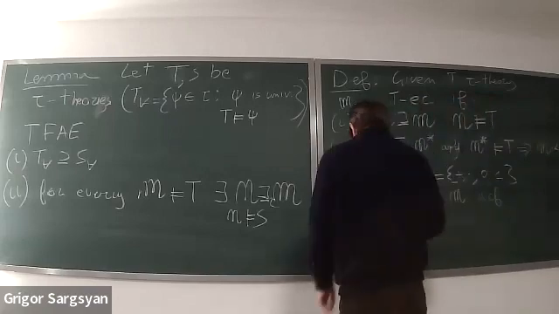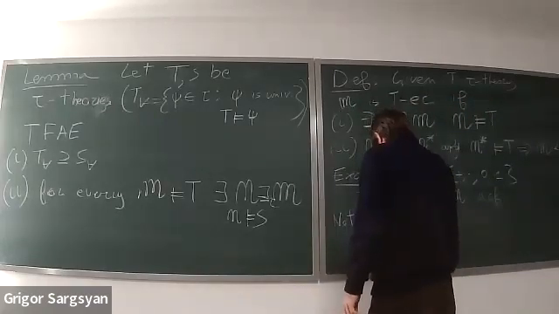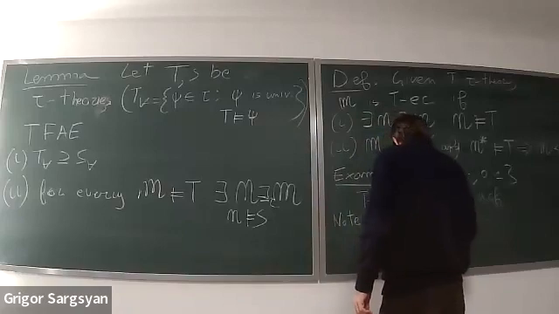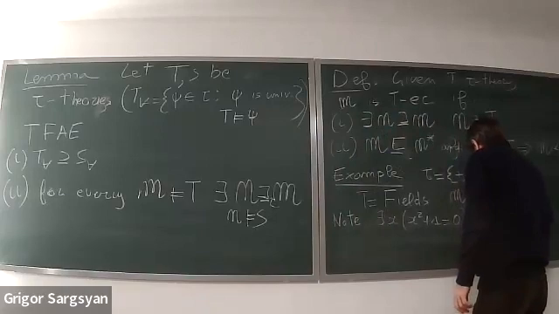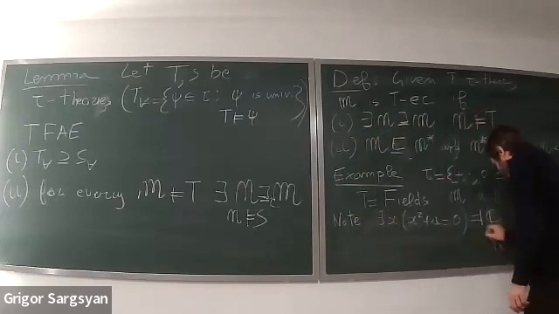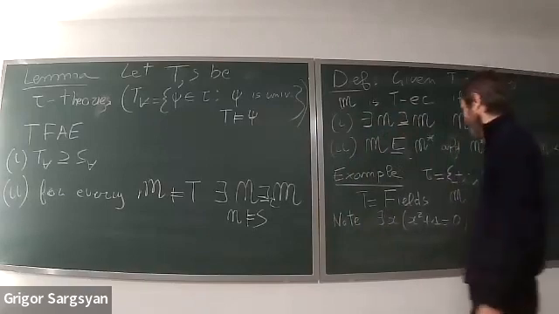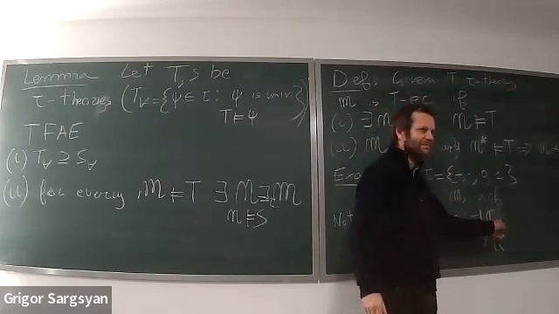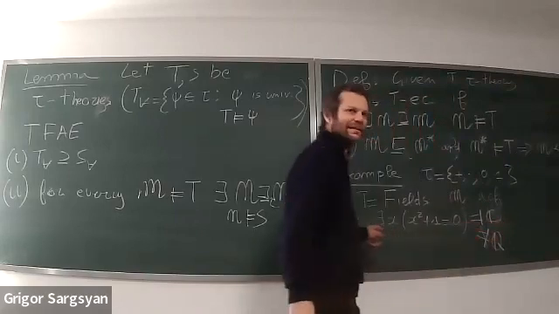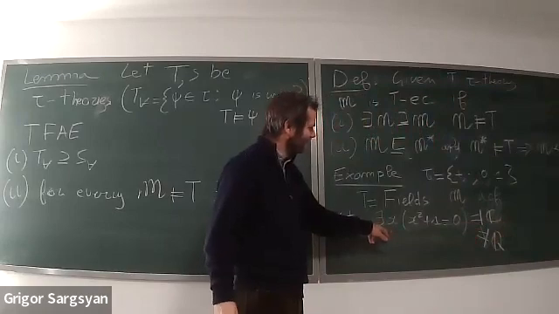Okay, note that C models this, but Q does not. So what happens? We start from Q, we go to an algebraic extension which is algebraically closed, and we kill some Sigma one sentence.